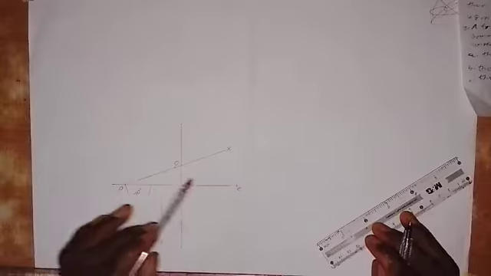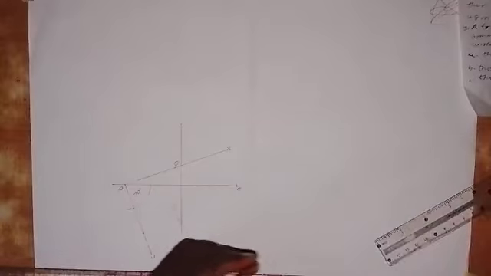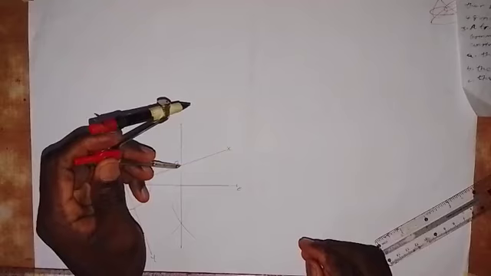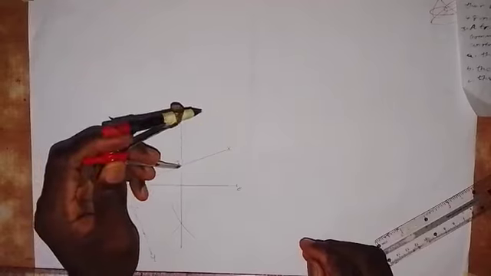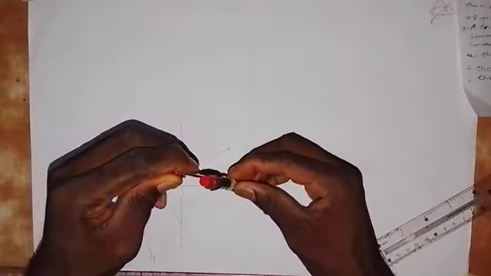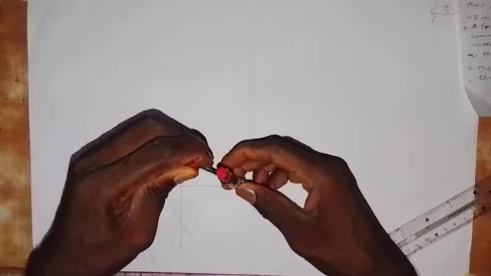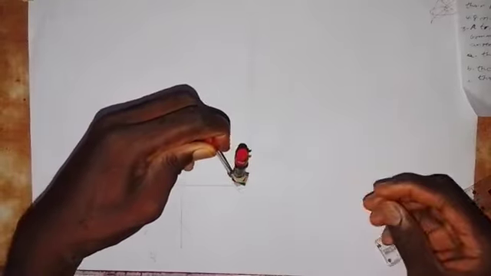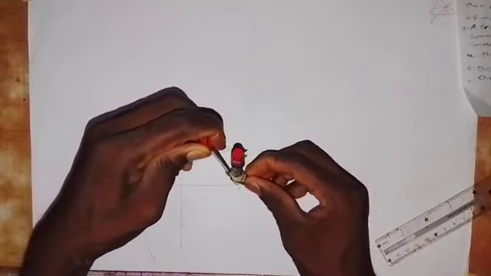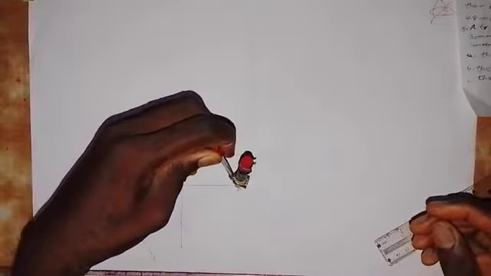We take the compass now, putting the pinpoint at this point O. Then I will extend the pencil to point C or to point B, either of the two. Because I am using my left hand, I'm using point C first.